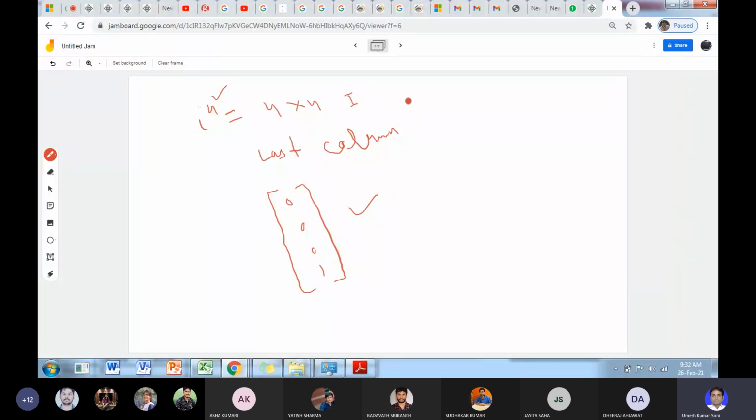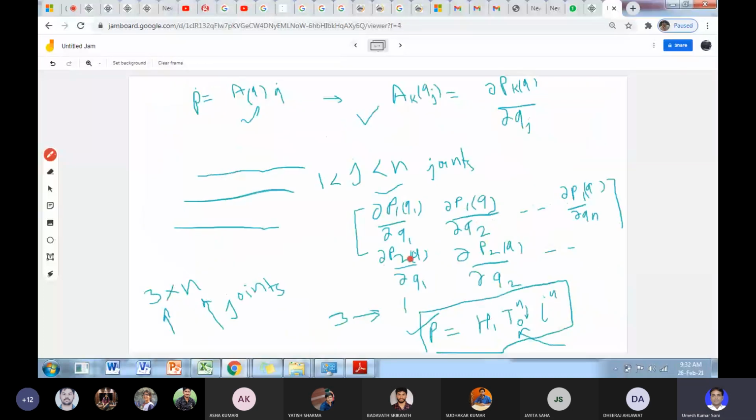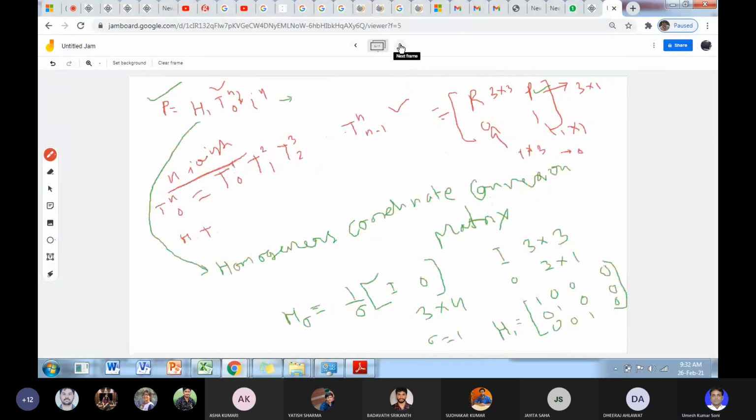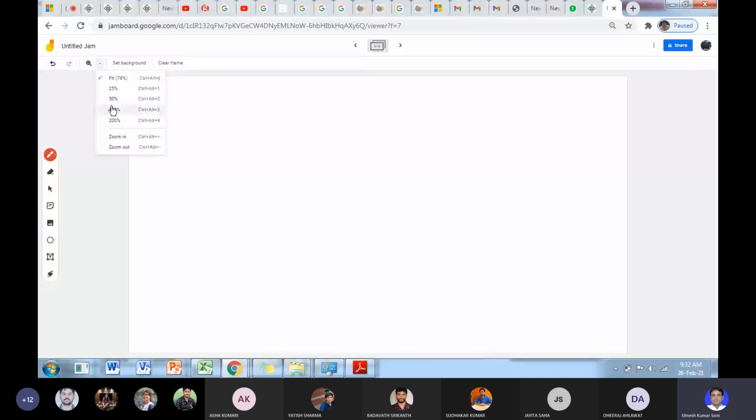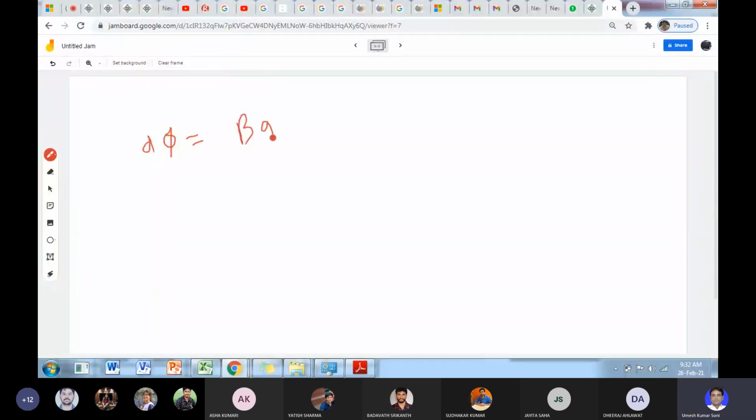So from here we have taken out P, then from P we have calculated this complete 3 by n matrix. Next you come to the matrix, the complete 3 by n matrix. It will have the individual columns of 1 to n.